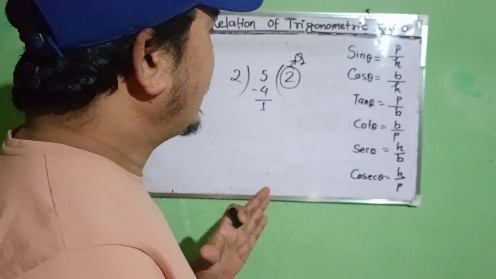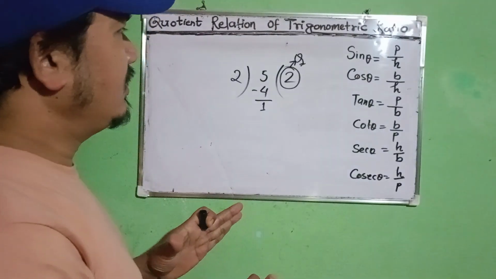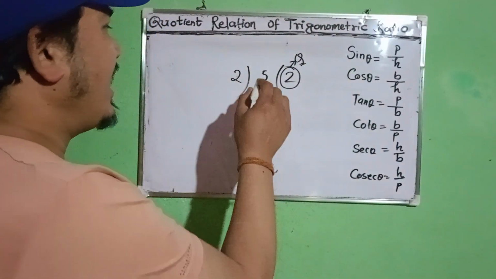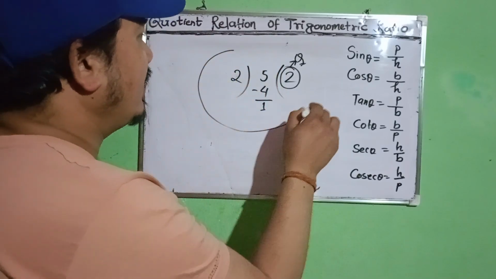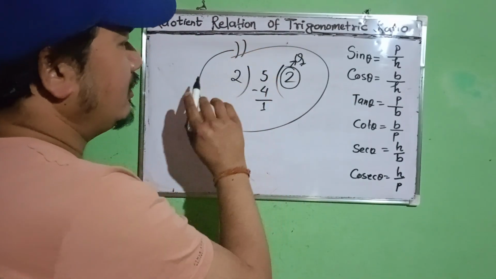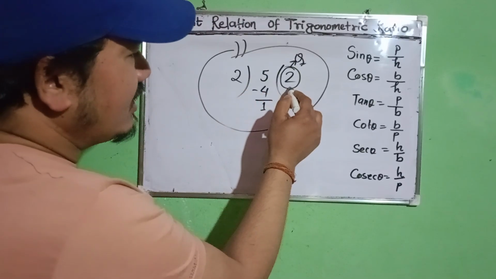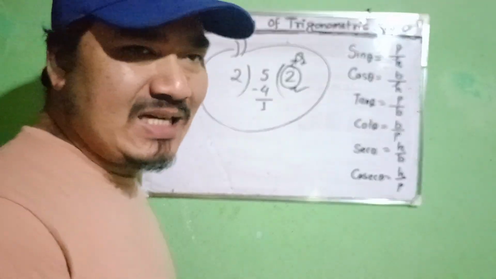Now, to find the quotient relations of trigonometric ratios, we have to divide, as I have shown in this division. When we divide, the answer that we get is the quotient.